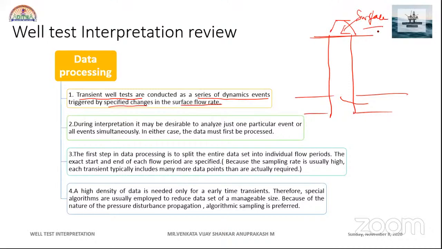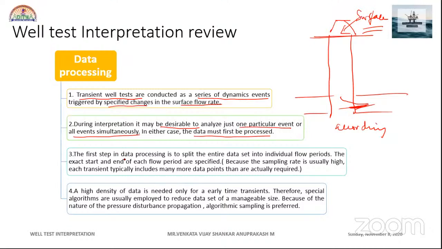We are not changing the bottom condition. So it will take some time to give a response from your reservoir. It will not be immediate. So during the interpretation, it may be desirable to analyze just one particular event or all events simultaneously. So the data must be processed accordingly.